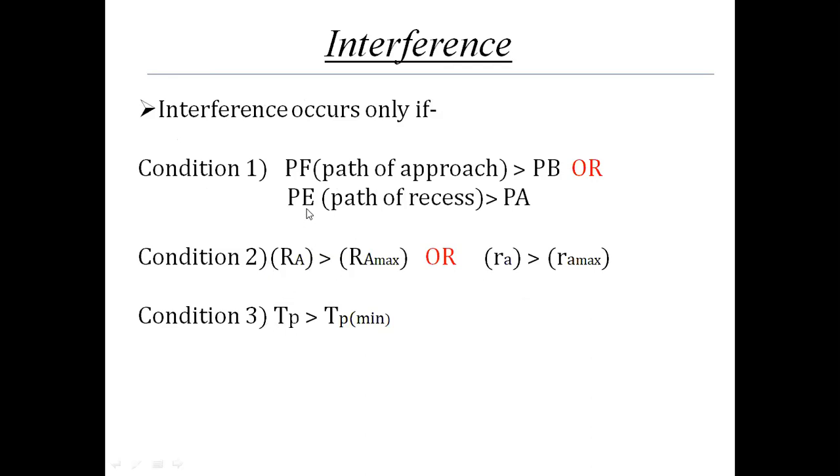That will depend on the given data in the question. So now we are solving the problem on condition number 1. If this condition is satisfied, interference will occur, and if that condition is not satisfied, interference won't occur.